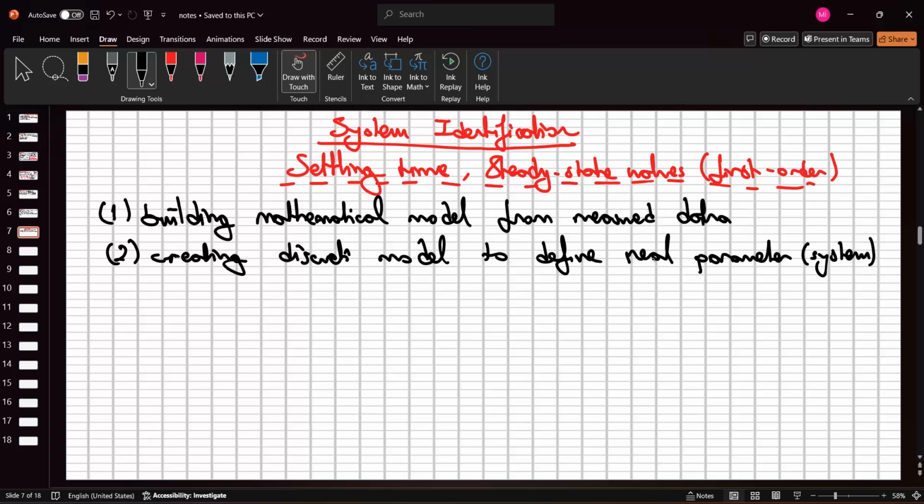Because if you don't have the discrete model, we cannot model it, because everything coming from the measured data is in the form of discrete.